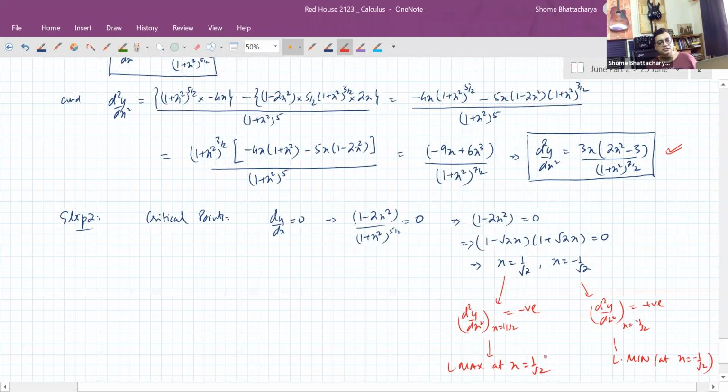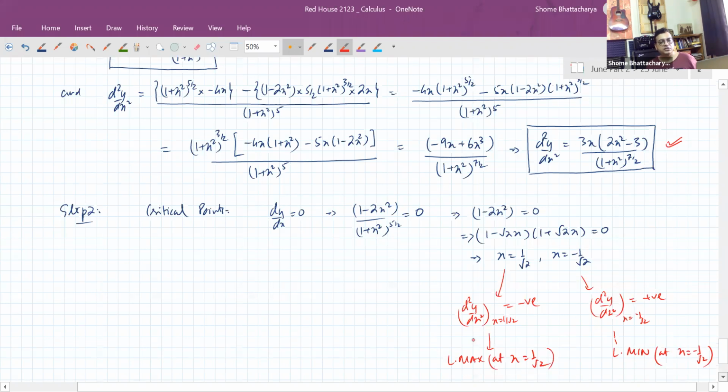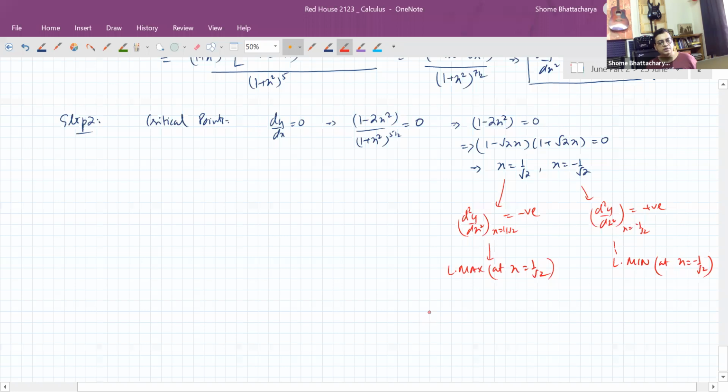So this is that general type of function where you have two critical points. One of them is a peak point, one of them is a dip point. The value of the local maxima will be the value of the function at 1 by root 2. Remember, the function was this. When you put the value of x as 1 by root 2, you will get 2 by 3 root 3.